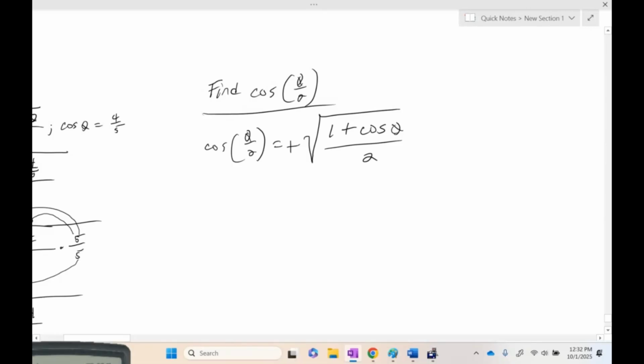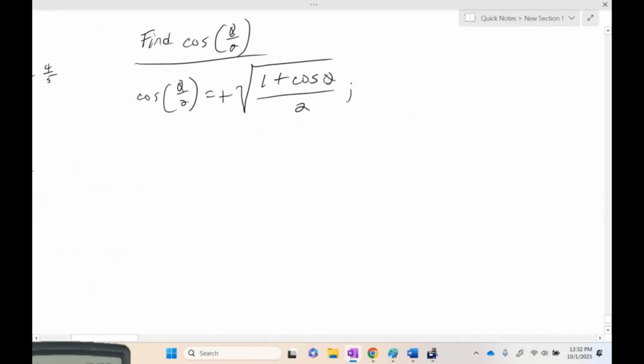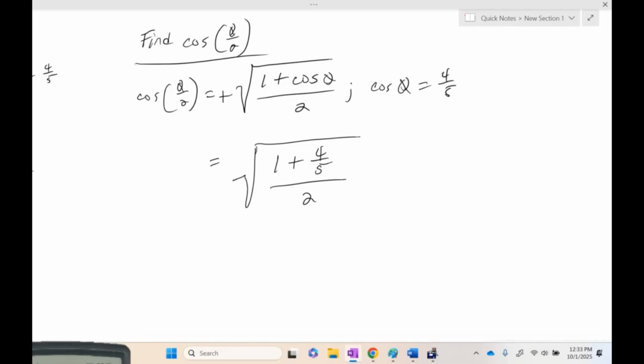And we've already found that cosine value, right? The cosine of theta is 4/5. So I'm going to substitute that in. 1 plus 4/5 all divided by 2. So the only difference in these two formulas is one has a minus cosine, and then the cosine formula has a plus cosine.